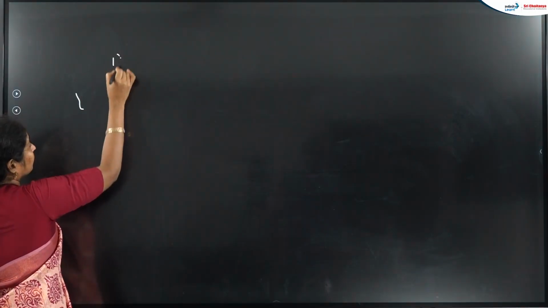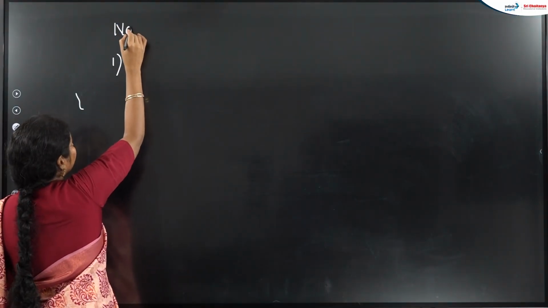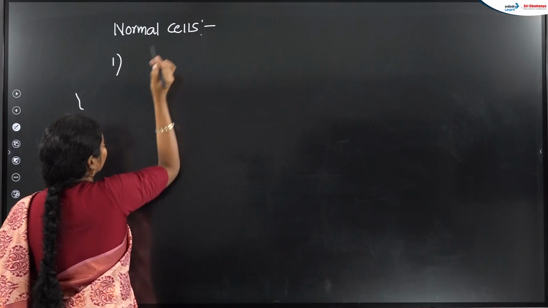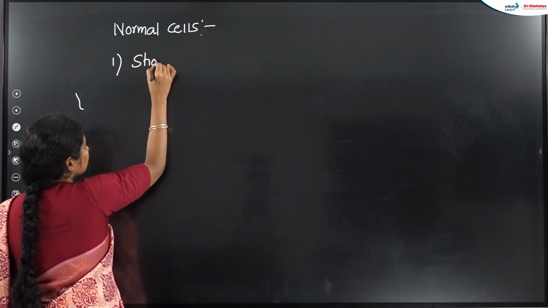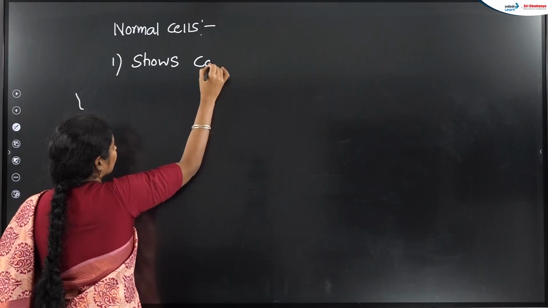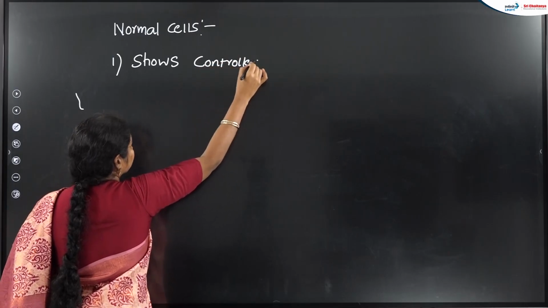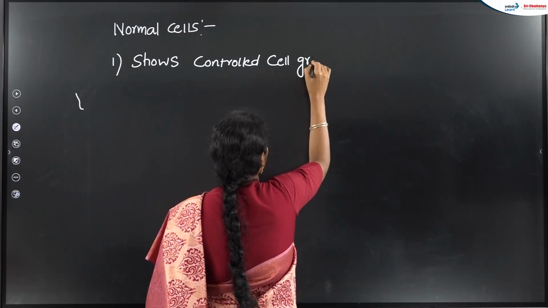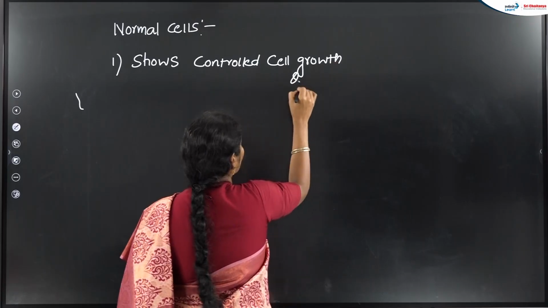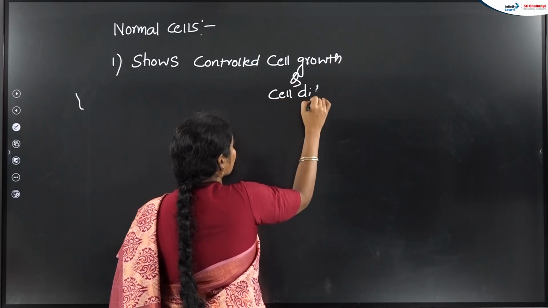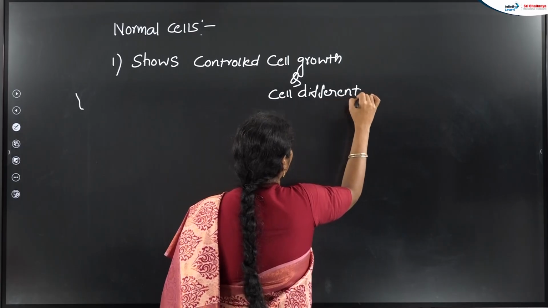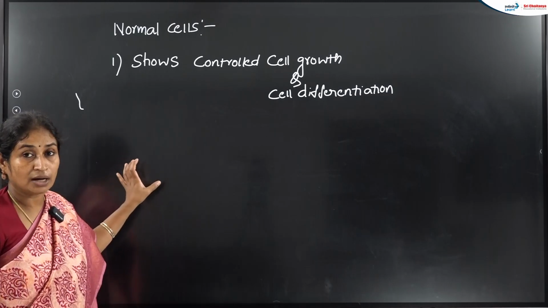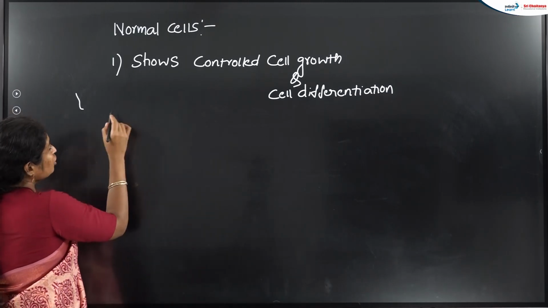Number one, normal cells show controlled cell growth as well as cell differentiation.